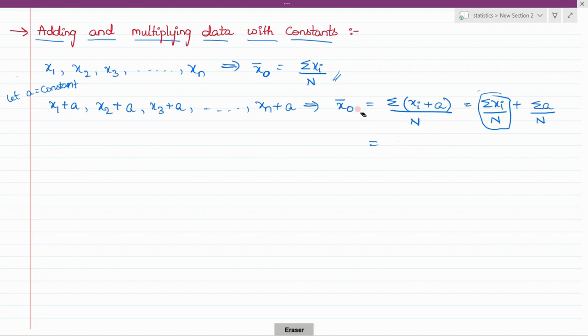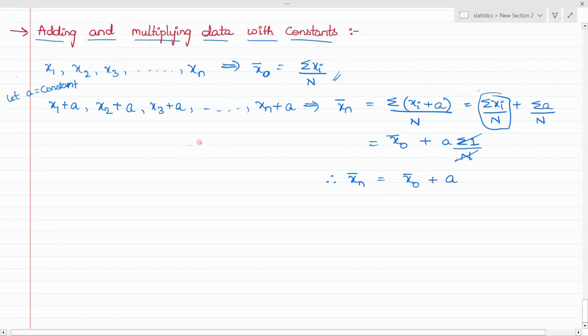So this is the new mean, and this is the old mean, plus a, which is a constant, so bring it out. The remaining will be 1 upon n. Now this gets cancelled. Therefore, new mean will be old mean plus the constant value.